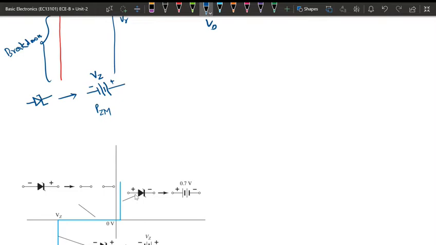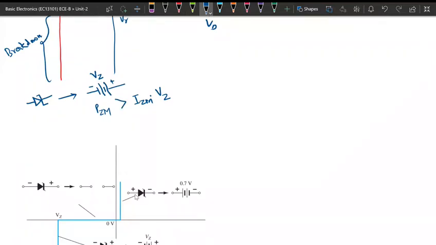That means the power dissipation across the Zener diode, Iz maximum multiplied by Vz, the voltage across it and the maximum current flowing, should always be less than the maximum power dissipation it can have.